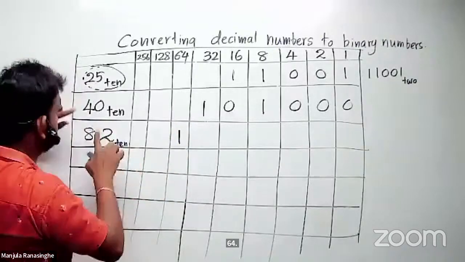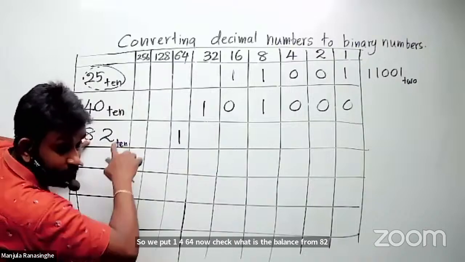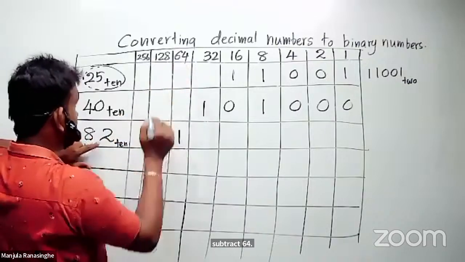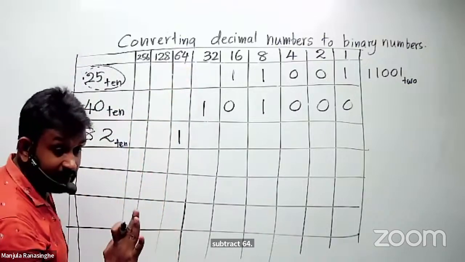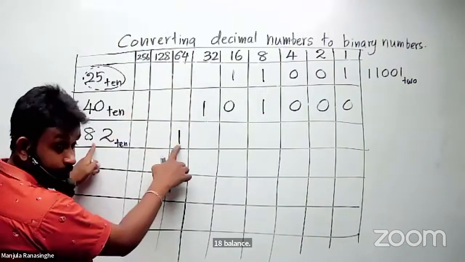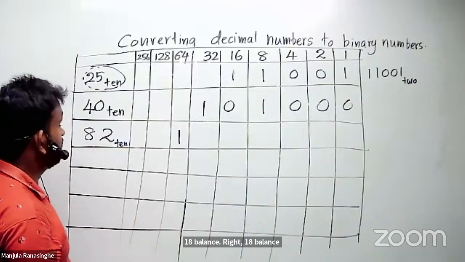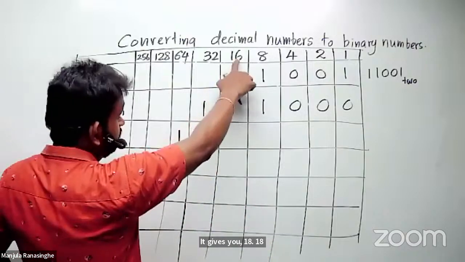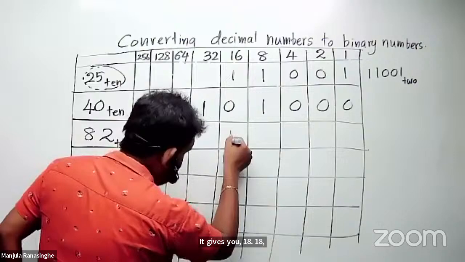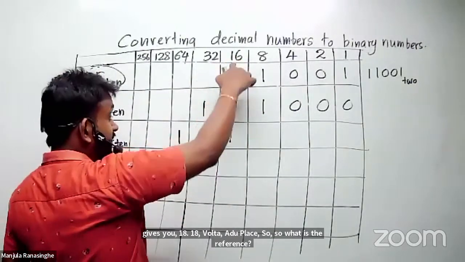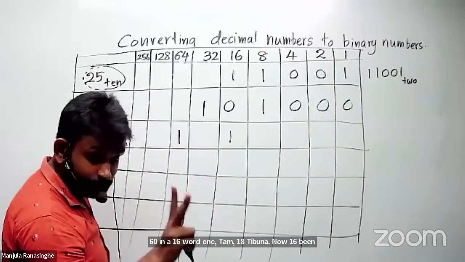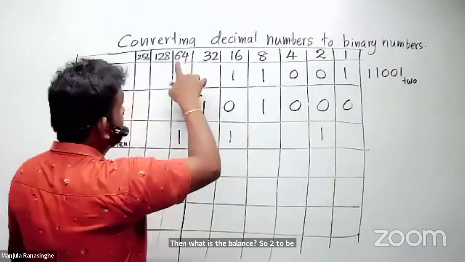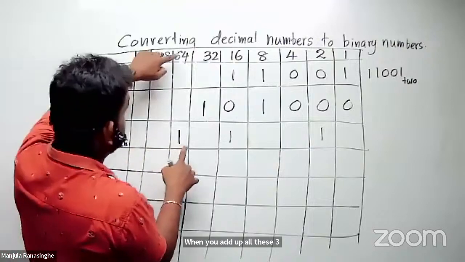Now check the balance: 82 subtract 64 gives 18. For 18, the lesser place value is 16, so we put 1 for 16. Then the balance is 2, so 1 is entered for 2.